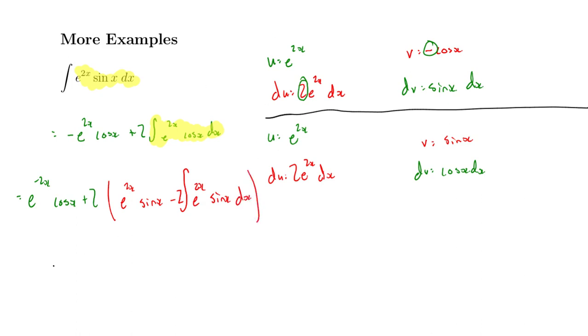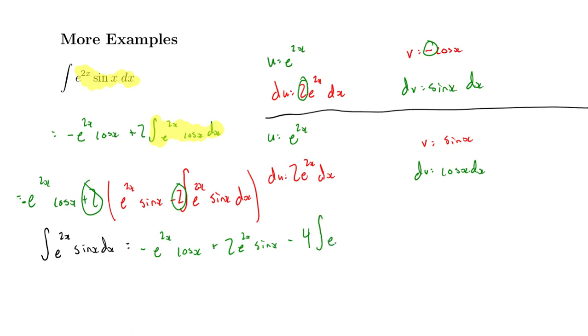Let me write out what we've done so far. The original integral, because this is getting kind of messy, the original integral of e to the 2x times sine of x dx is equal to negative e to the 2x cosine x plus 2e to the 2x sine x minus, there's this 2 and this 2 here, so this is 4 times the integral of e to the 2x sine x dx.